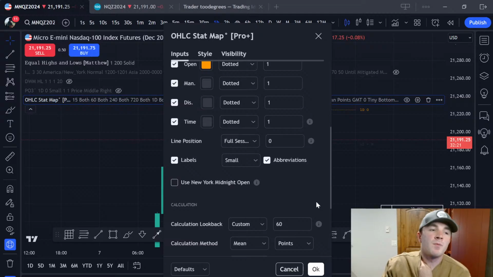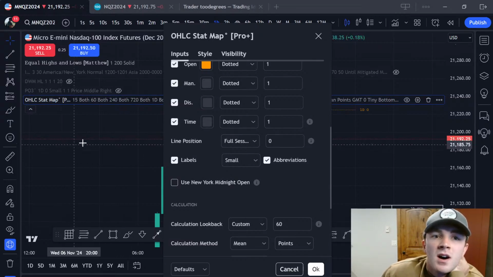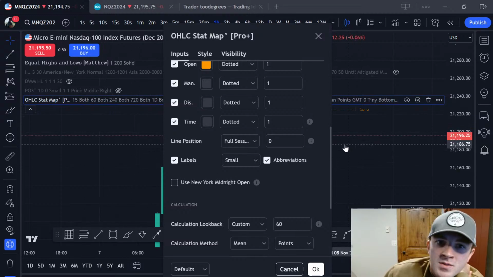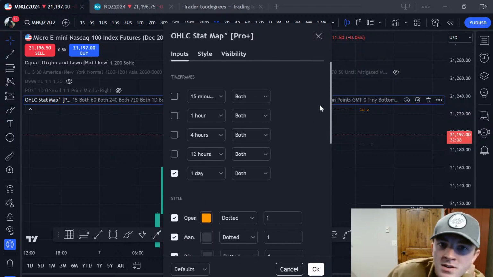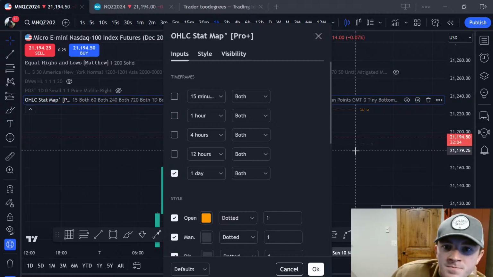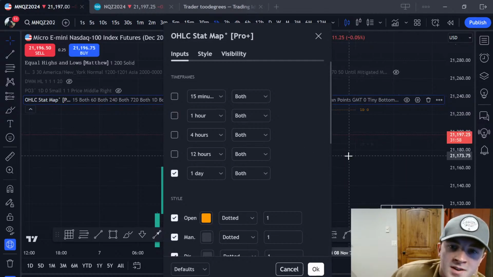But what this is, it basically takes the statistical open, high, low, close of every candle, and it will tell you the expected manipulation and the expected distribution based off of the historical average throughout history.